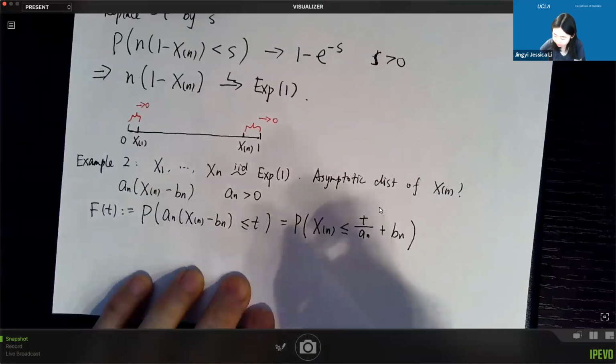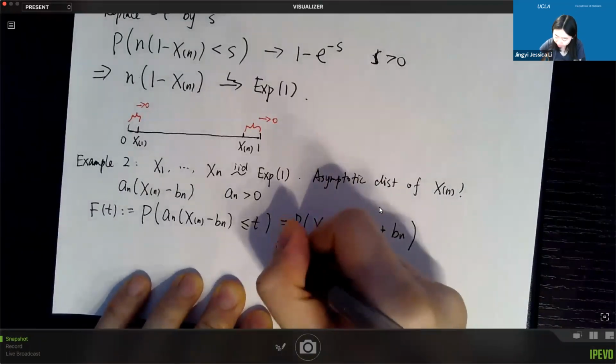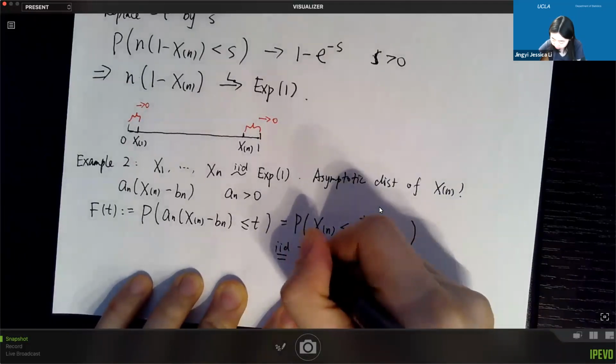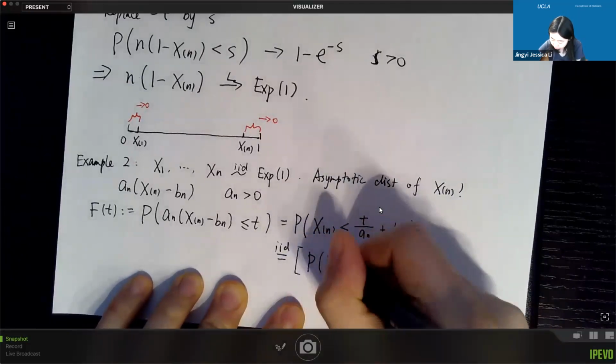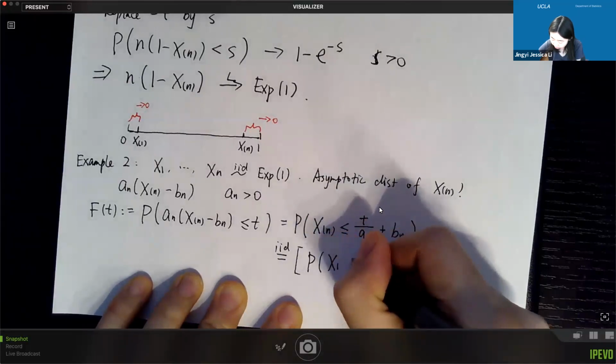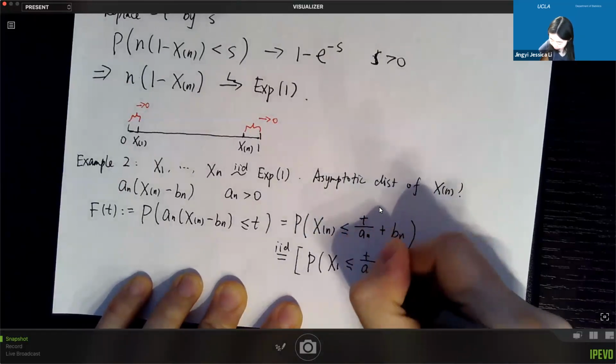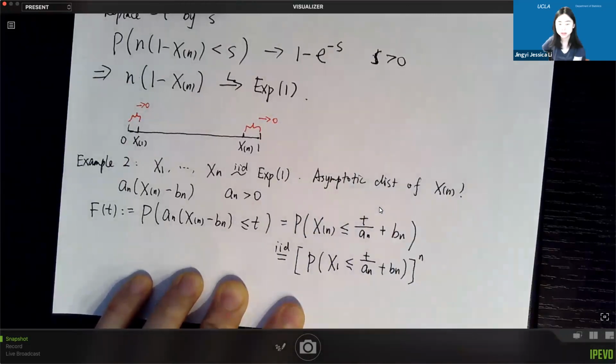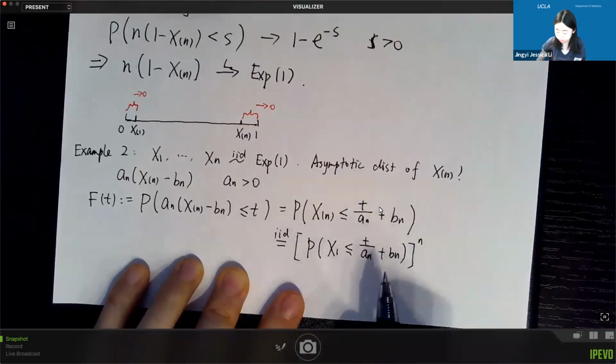Again, by i.i.d., we can write this as the probability of X1 less or equal than t over a_n plus b_n, raised to the power n. But this happens with some condition.